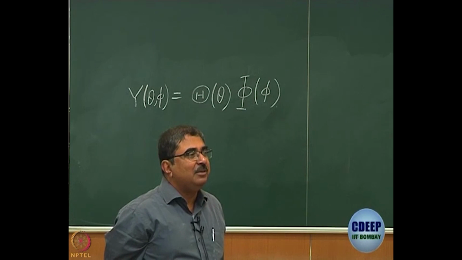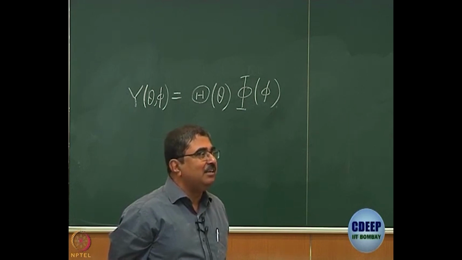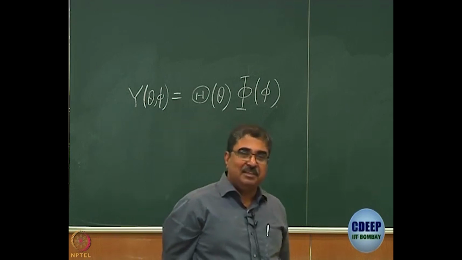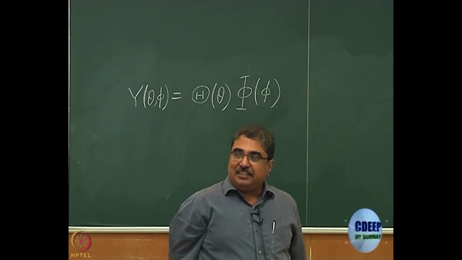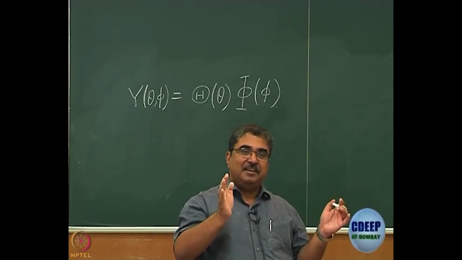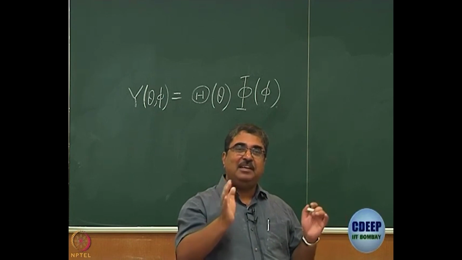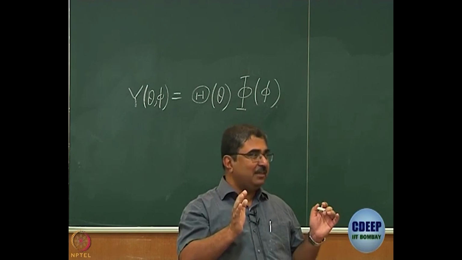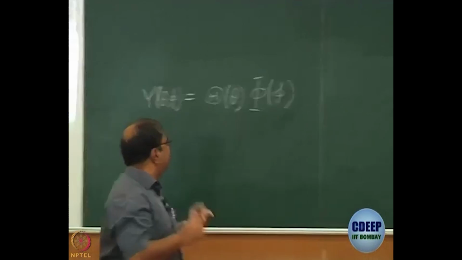Angular momentum, exactly. So, if I ask a little further, it is an operator, right? How can it be related to the angular momentum operator, and how can we get energy from there? Let us see if you remember this.